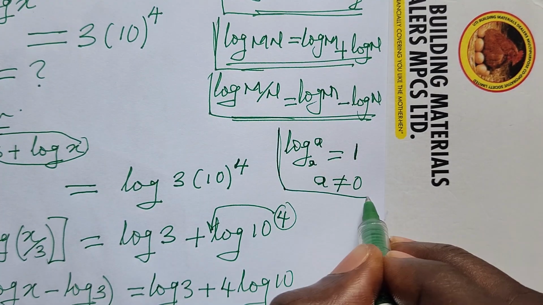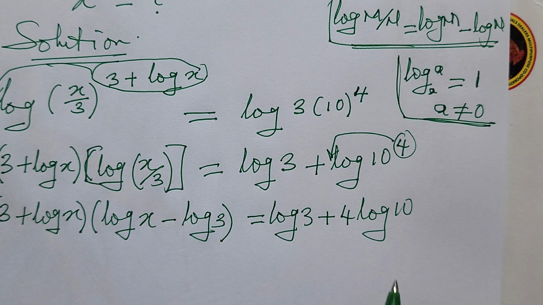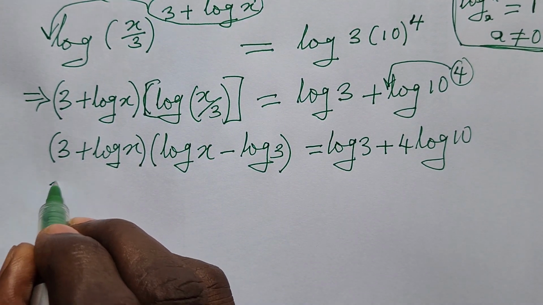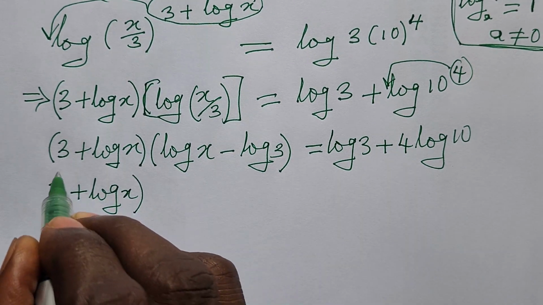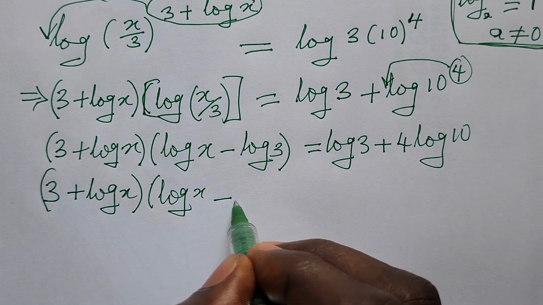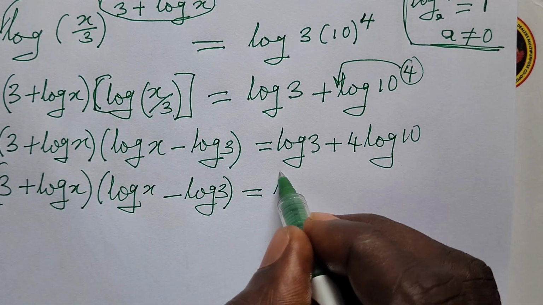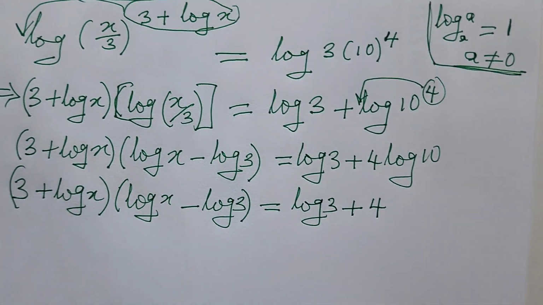So you can remember this law also, and we can apply that law here. The whole of this will give us 1. So we end up having (3 + log x) times (log x minus log 3) equal to log 3 plus 4.